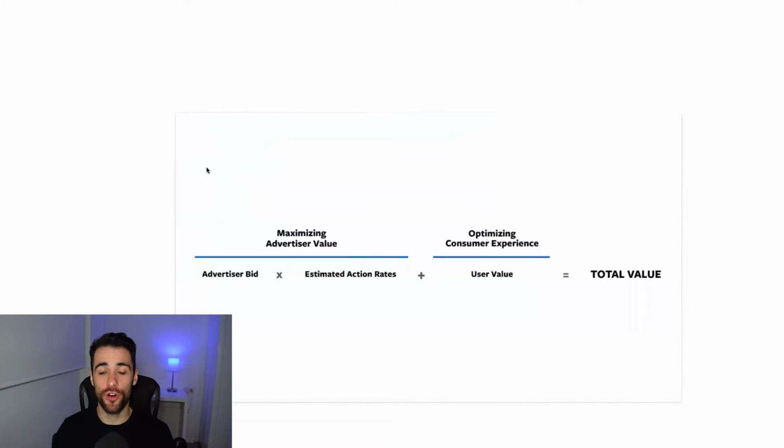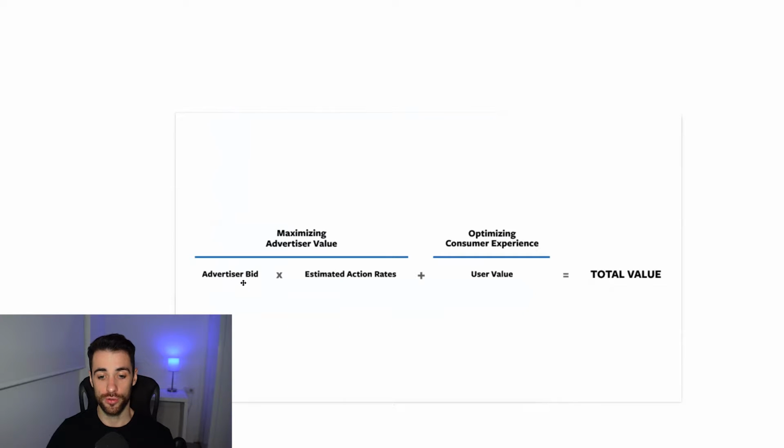both in terms of how customers actually respond to it, so customer value, and Facebook's predetermined assessment of how that ad is going to perform, estimated action rate. Both of these things relate back to Facebook's equation for how it determines whether your ad is valuable or not. Okay, so this is the equation Facebook uses for every single auction that your ad goes into.